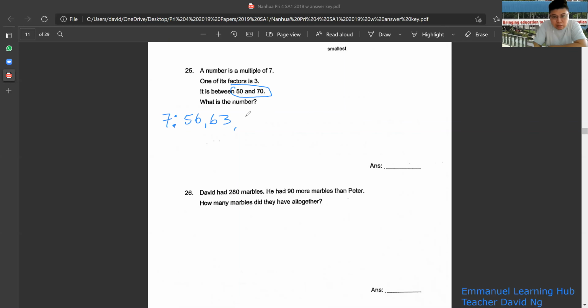What is the next multiple of 7? 70. Yes. Okay, between 50 and 70, right?